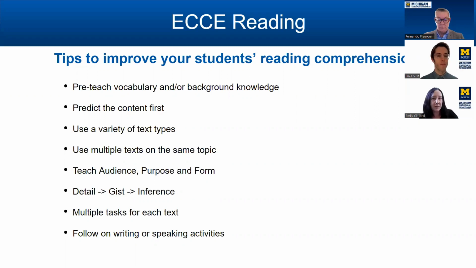As Luke mentioned, there's a variety of text types featured on the exam, so it's a good idea to get your students used to reading a range of different text types, and specifically different text types on the same topic can be helpful for reading part 2 particularly, but it can help students to understand how attitude and opinions are expressed if they're reading about the same topic but written in a different way.